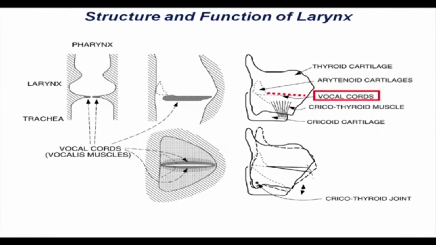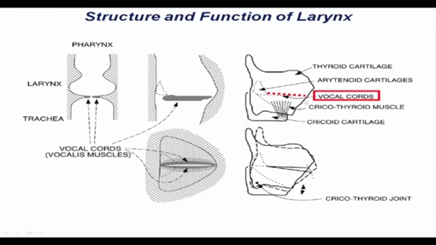So, if you see the vocal cords, those are the sections of the vocal cords. If you remember, the vocal cords are closed at one end and open at one end, this is closing and opening, and this is housed on some muscle. That muscle controls the closing and opening. Okay. So, those are the muscle structures.